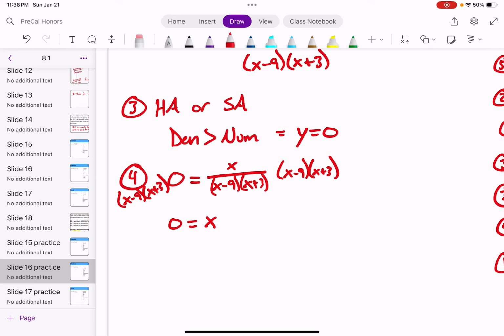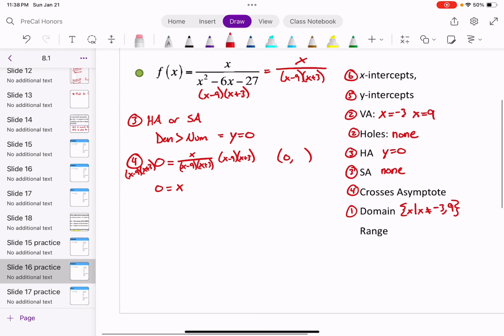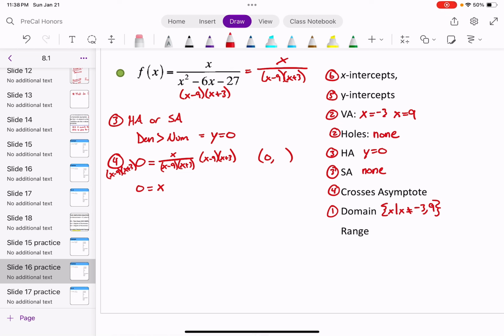Now, we already figured out that x is equal to 0. That is the first part of our cross. So there is a cross. We now have to figure out what is the second portion of that point. In order for you to do that, you're going to have to get that 0 and plug it into the equation.